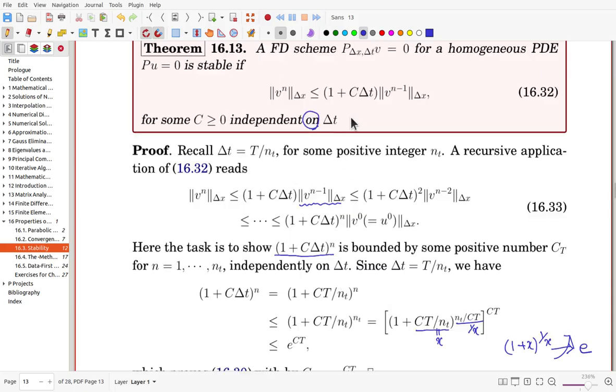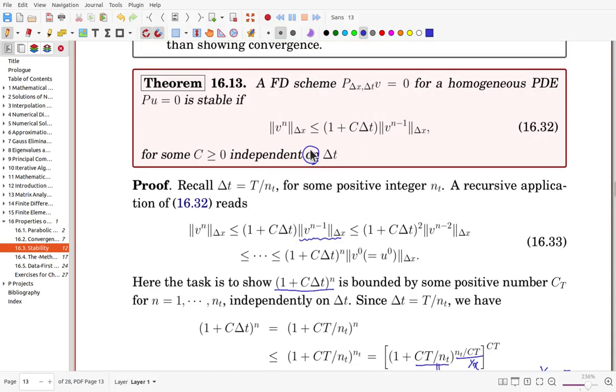So once for consecutive numerical solutions this inequality is satisfied, then the algorithm is stable.